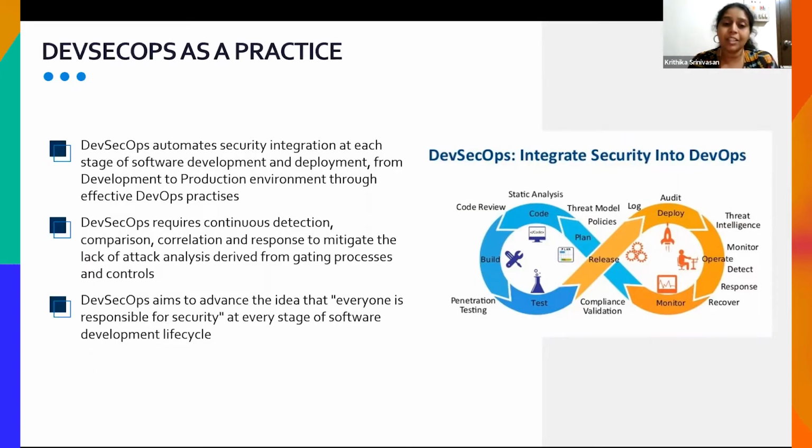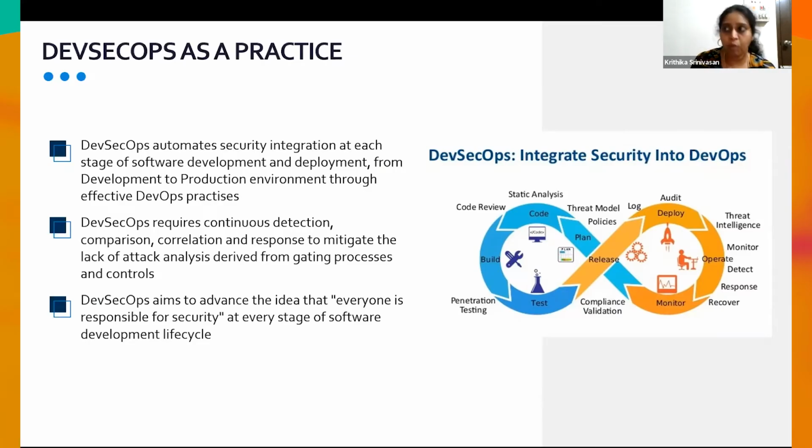Yet another term that is gaining popularity of late is DevSecOps. DevSecOps basically integrates security right from the software development up to the deployment by effective security practices, by also implementing the needful DevOps practices. So this is what I would call a DevSecOps strategy.